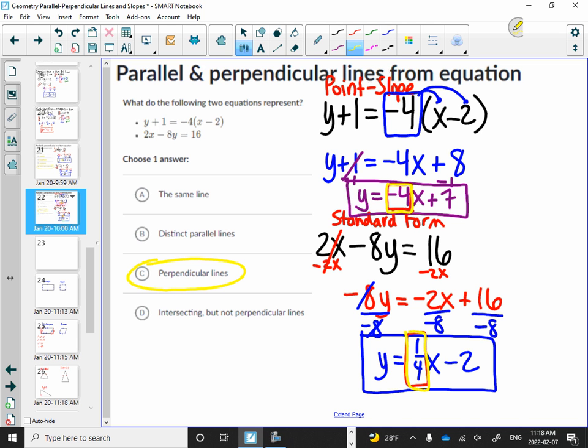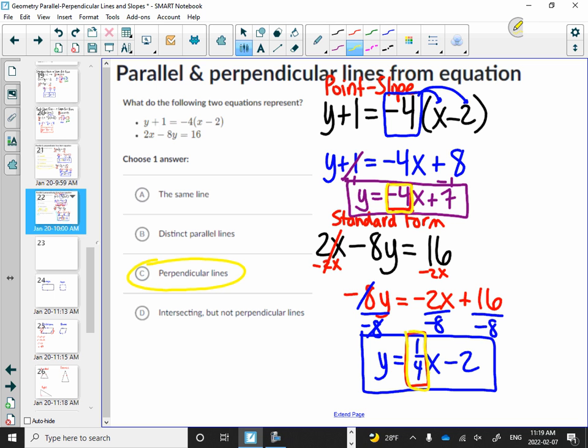Now, did I need to convert this one to tell me that the slope was negative 4? No. Okay. Now, did I need to convert that one to say those are perpendicular? Well, I need to convert this one, but did I need to convert that one? I could have left this one the same and still got my answer perpendicular.